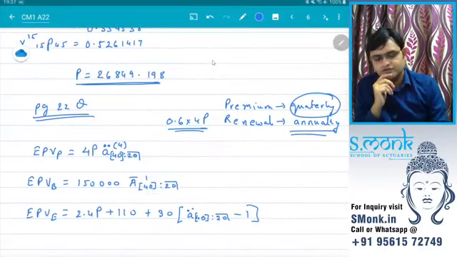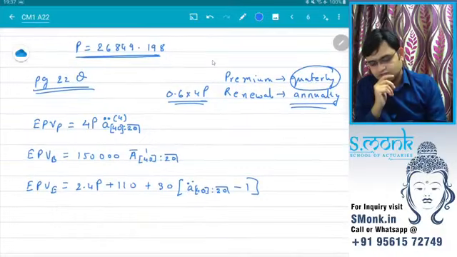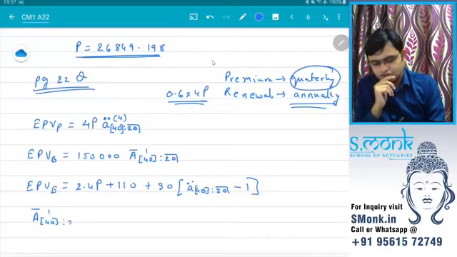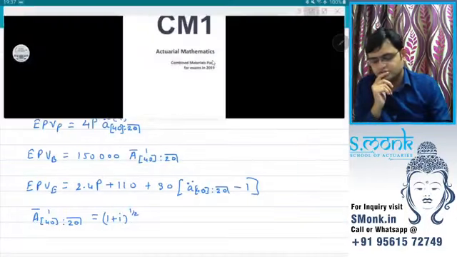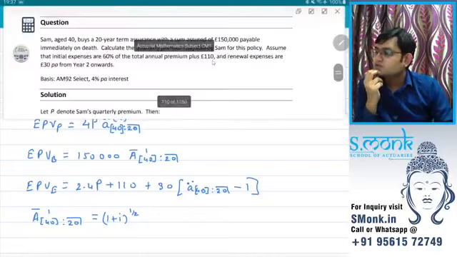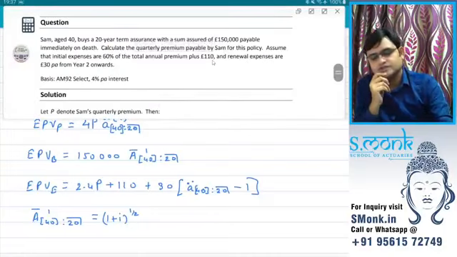So 60 value is given to us. Let's first write A bar select 40 dash 20. Because it is payable immediately, I will get 1 plus i raised to half. What was the rate of interest? Rate of interest was 4%.